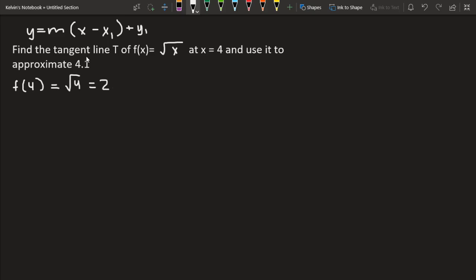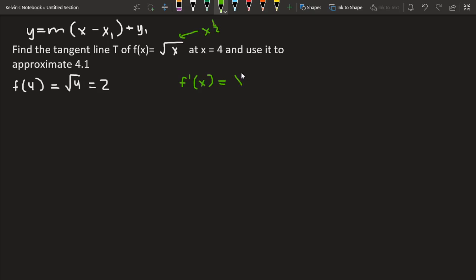Now, what about m? Well, m represents the slope. In order to find the slope, we can find the derivative first. So, f prime of x is equal to, and this can be rewritten as x to the power of 1/2.